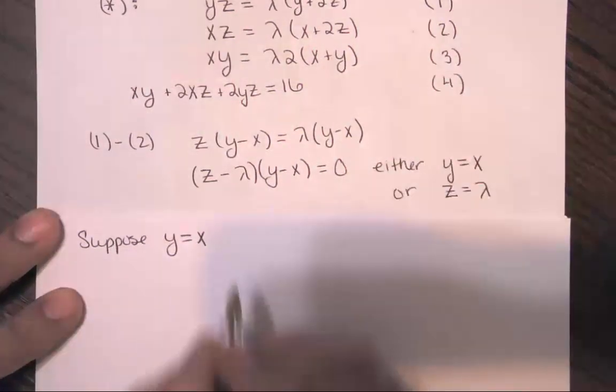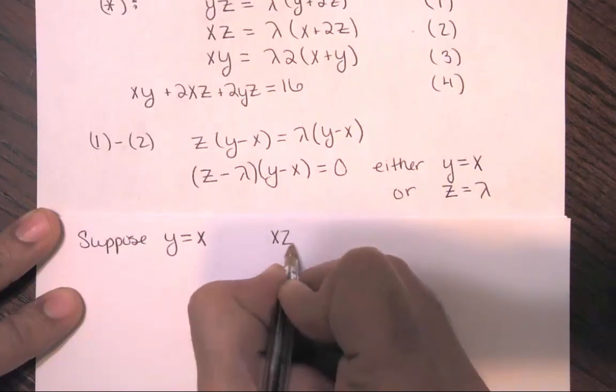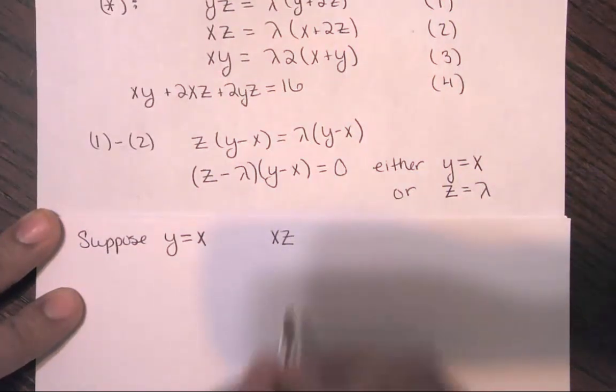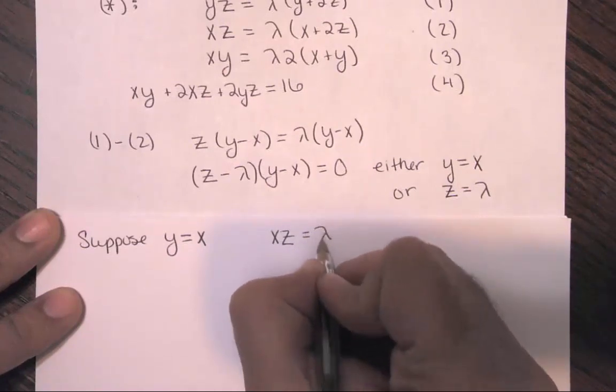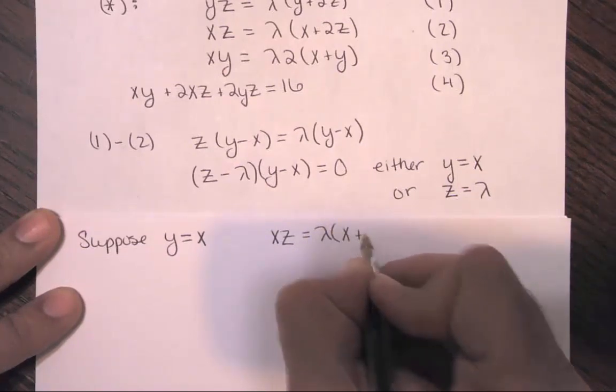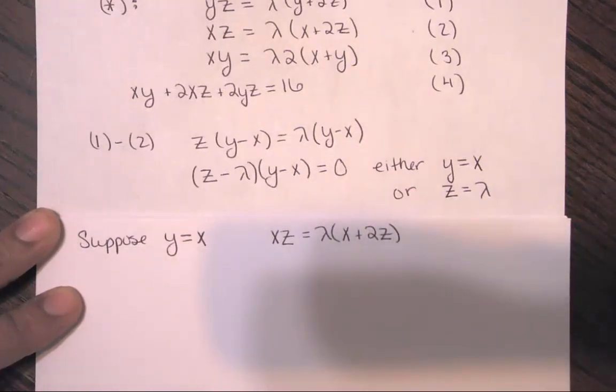Well, from equation 1, I would get xz, replacing y with x, so I'm going to get rid of y, equals lambda x plus 2z. And my next equation is exactly this. It wouldn't give us any new information, so we can leave it out. There's no reason to write this twice.